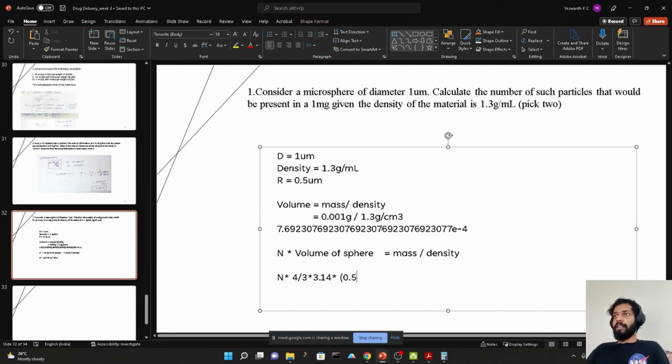We have to convert this into centimeters, so 0.5 into 10 to the power of minus 4 centimeter.